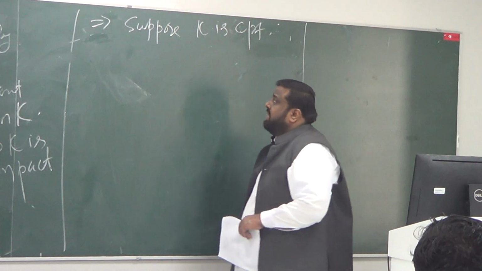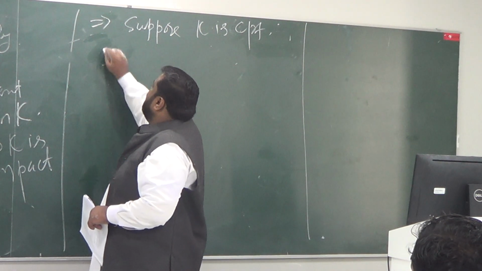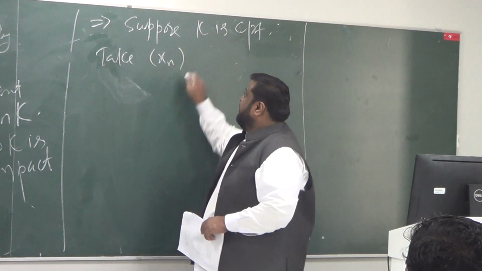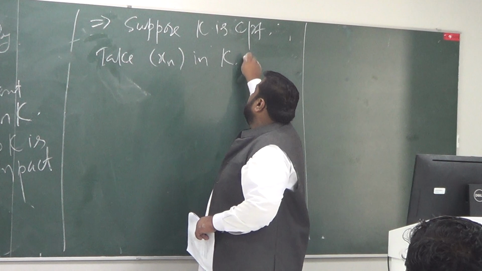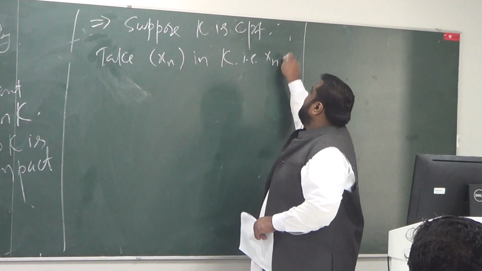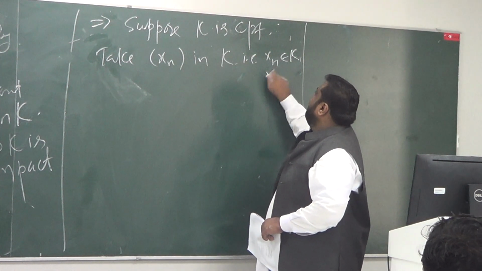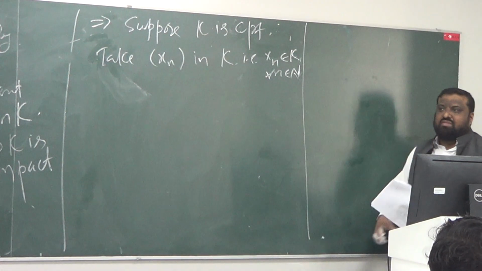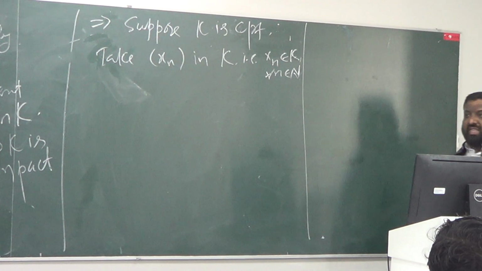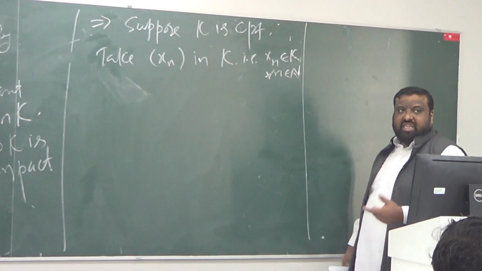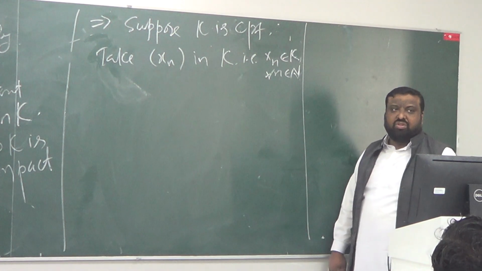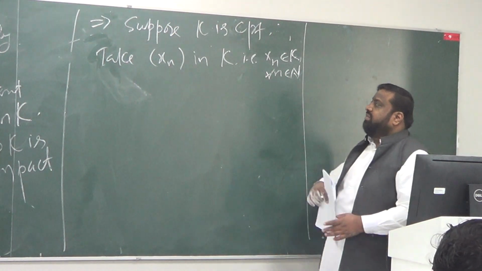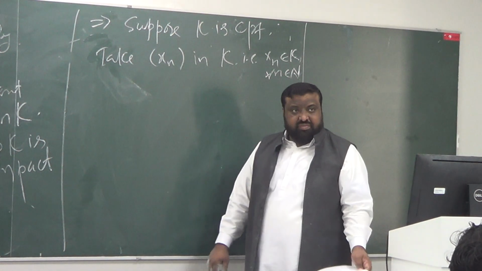Okay? And take a sequence x_n in K. x_n in K means that x_n belongs to K for all n in N. When I say I want to take a sequence in K, it means all terms of the sequence belong to K. Give me a reason why this must have a convergent subsequence.